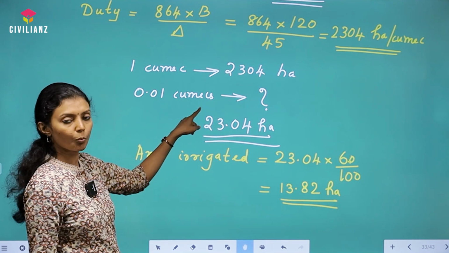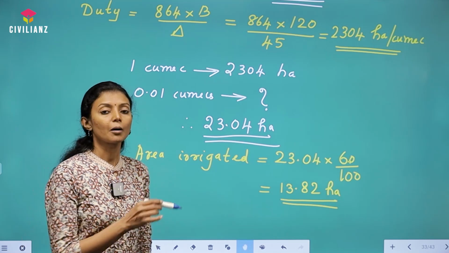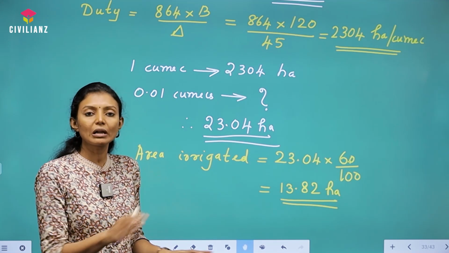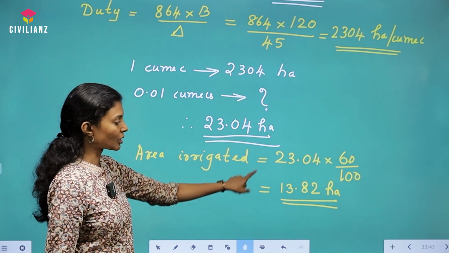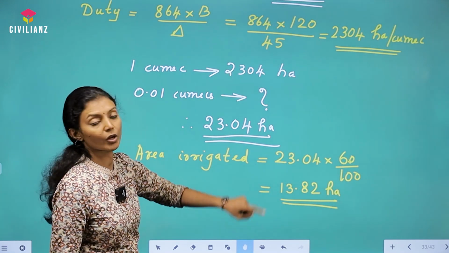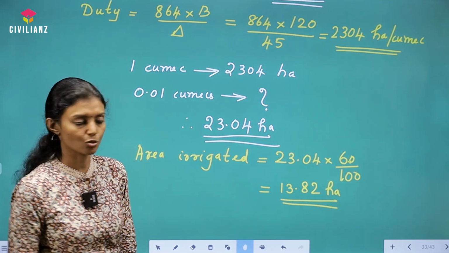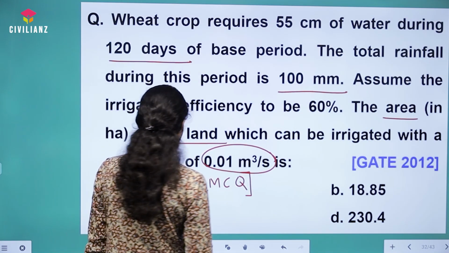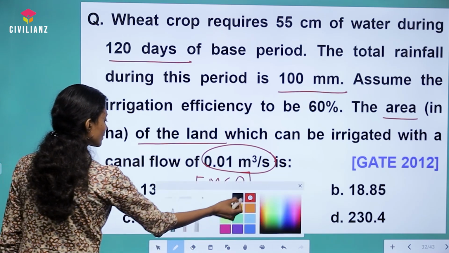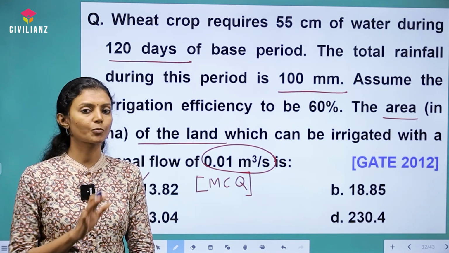So using 0.01 cubic, you can irrigate 23.04 hectares. But since it is mentioned, only 60% of area is efficiently used, the answer will be 23.04 into 60 by 100, which is 13.82 hectares. So our answer is option A, 13.82 hectares.